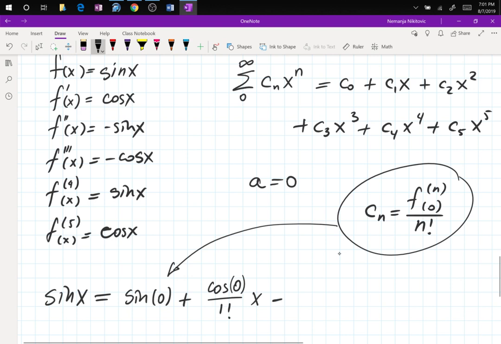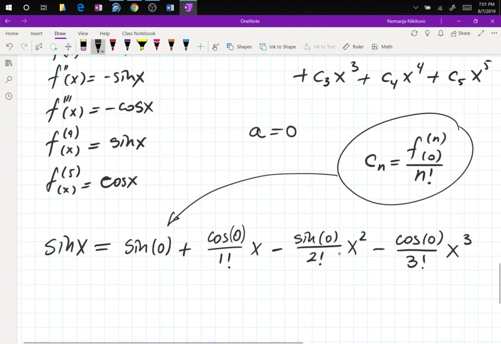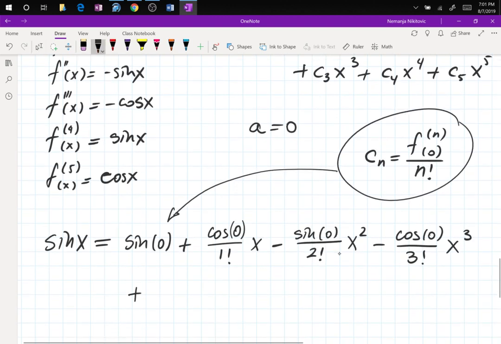Then we have a minus, because it's a minus sign, so minus sine of 0 divided by 2 factorial x squared. The next one is also minus cosine of 0 divided by 3 factorial x cubed. The next one is plus a sign for the fourth one.